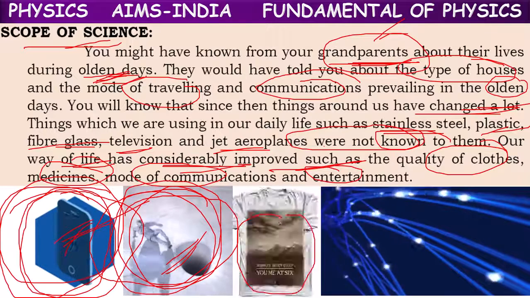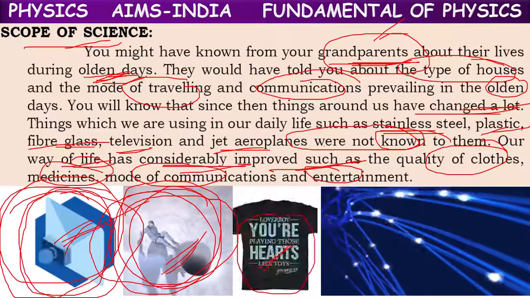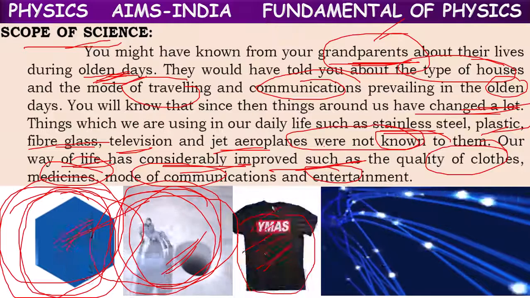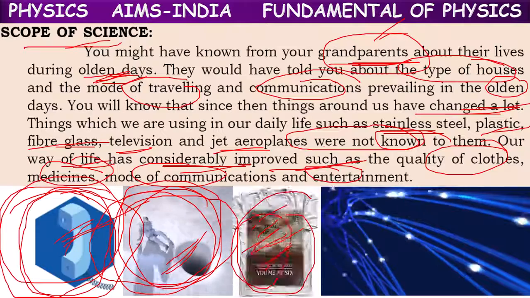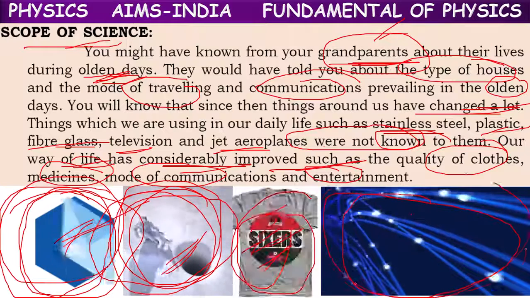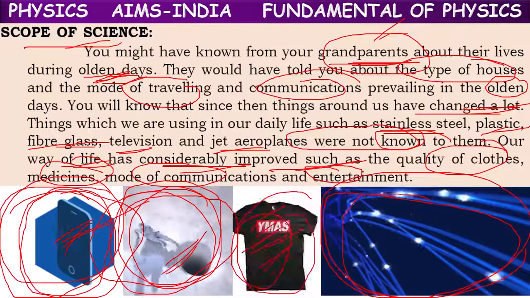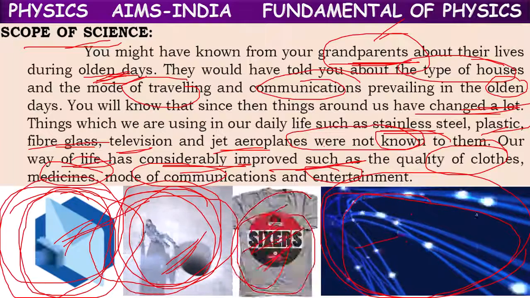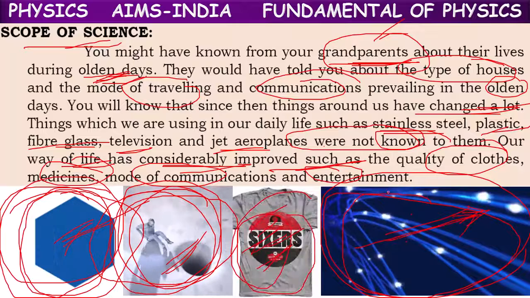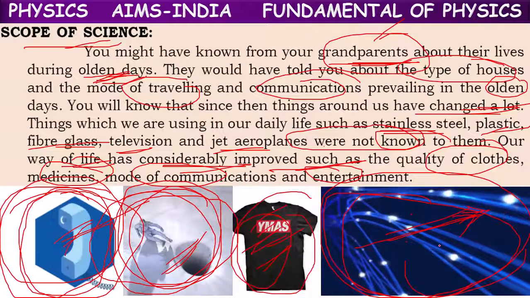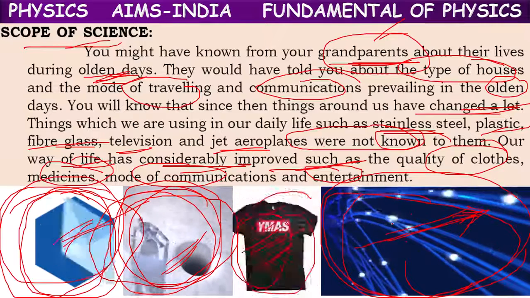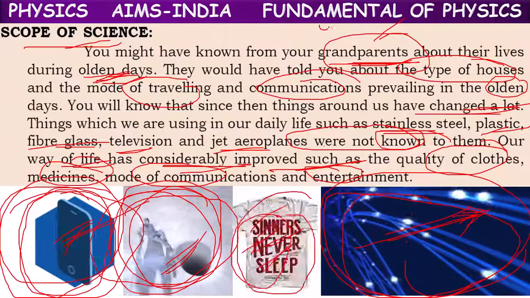Or regarding clothes, this is a new kind of fashion, where on the clothes we can have whatever name we want printed. In the olden days, that was not possible. Or this is fiber optics. Fiber optics means nowadays whatever communication or signals we are sending, your house might have an internet cable or TV cable, which has this fiber cable, through which, suppose you are watching a world cricket match, we can watch it live at home.